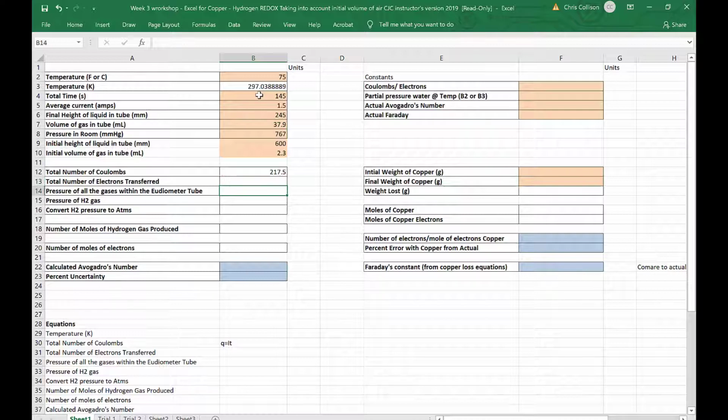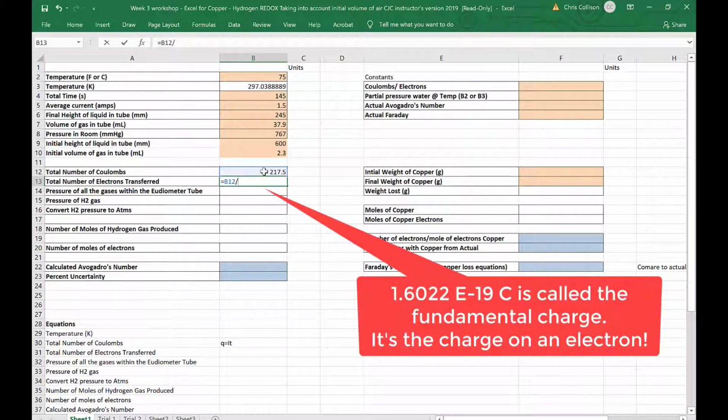So the total number of electrons transferred is what we need to calculate. Next, we're actually going to divide the measured number of coulombs, 217.5, by the number of coulombs per electron, and that's actually going to tell us how many electrons were transferred.